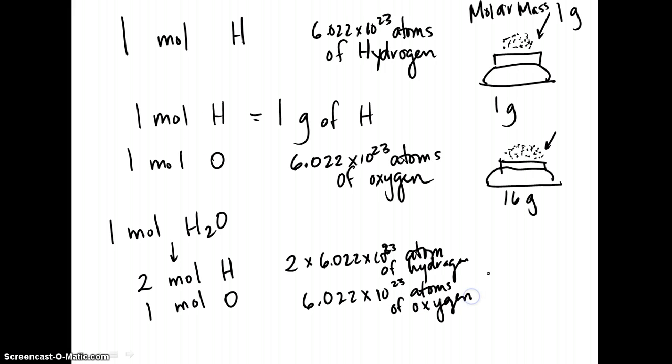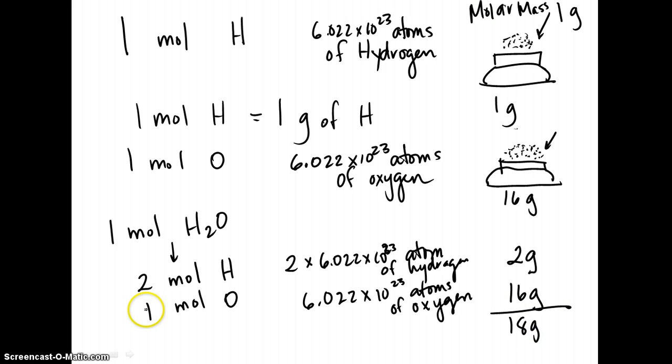Okay, so looking at our numbers here, we know that 1 mole of hydrogen equals 1 gram. So what would 2 moles of hydrogen equal? Well, it should have double that mass. So we should have 2 grams. 1 mole of oxygen equals 16 grams. And if I add them all together, I have 18 grams.